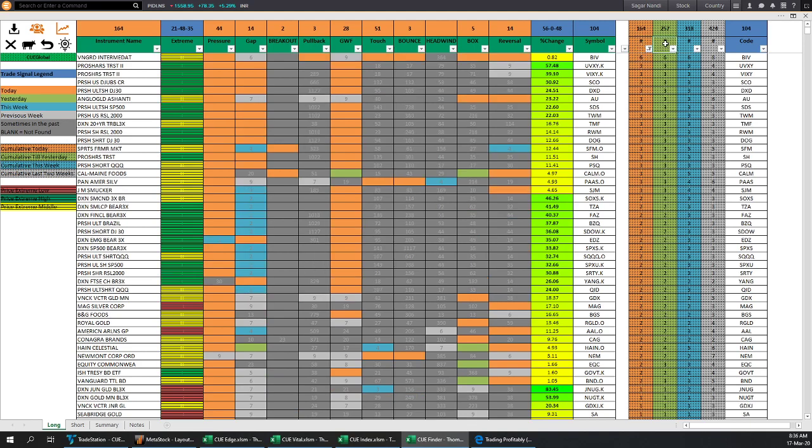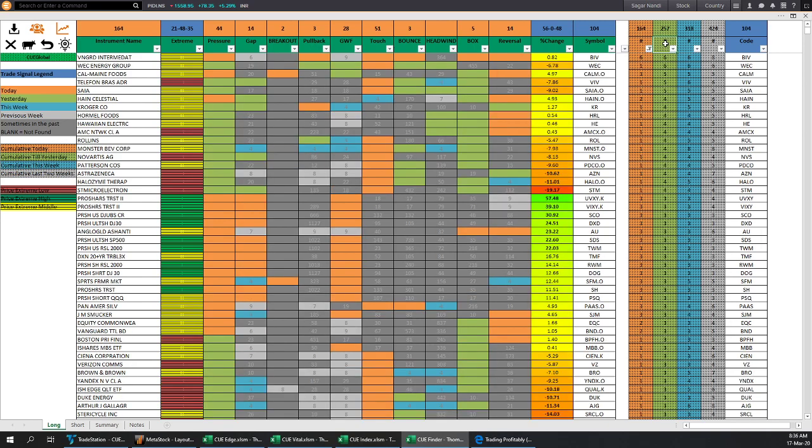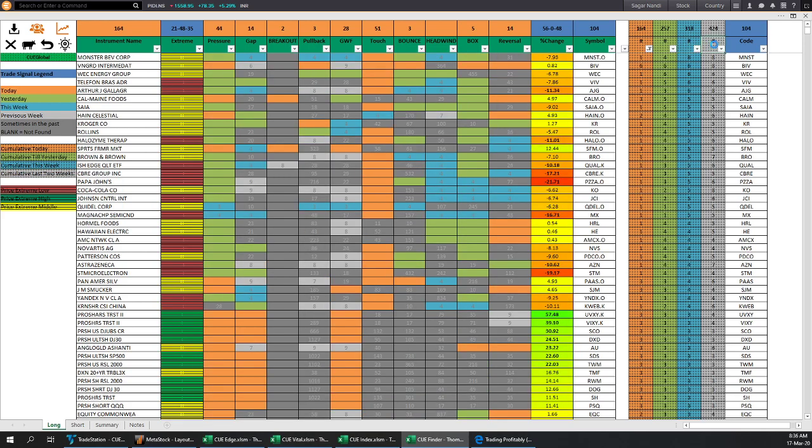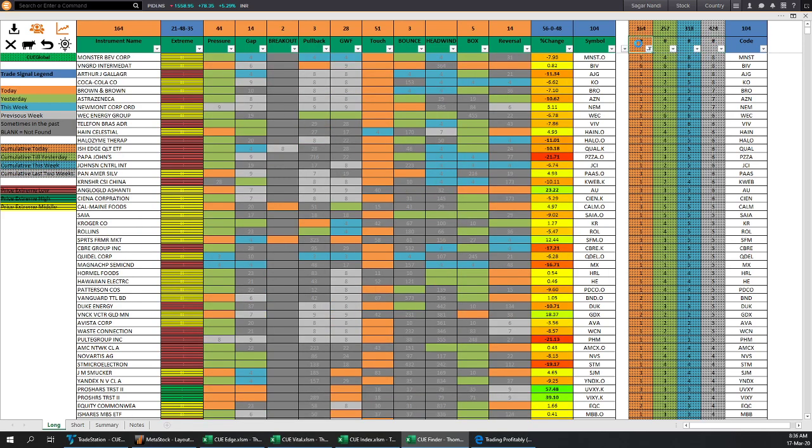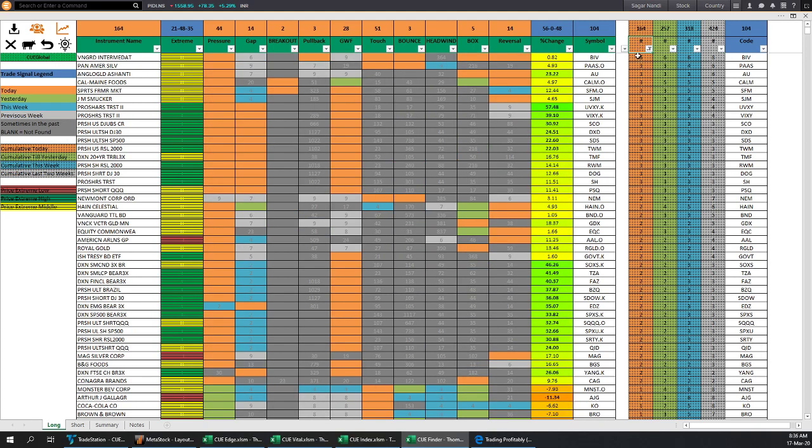If I want to see cumulative number of signals today and yesterday both, 2 days, this is the column, and this column here is the cumulative this week. The description, this is cumulative this week and cumulative for 2 weeks. Because we are swing trading, we are most interested in cumulative signals today instead of finding from percentage change, which may sometimes point to the lower price stocks or triple X ETFs, for example.